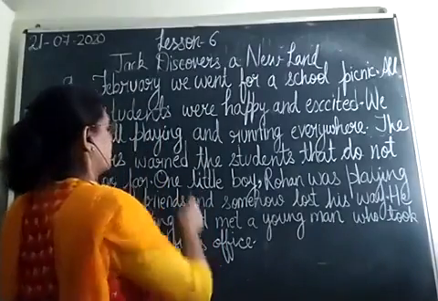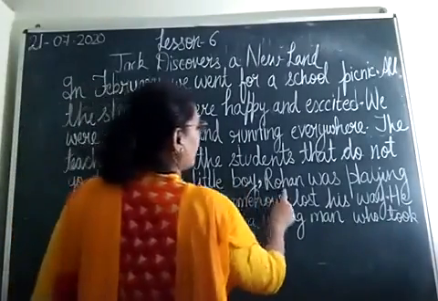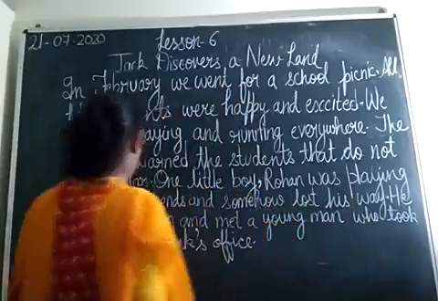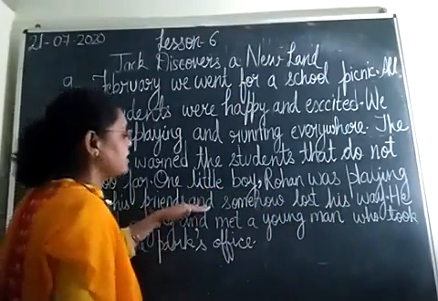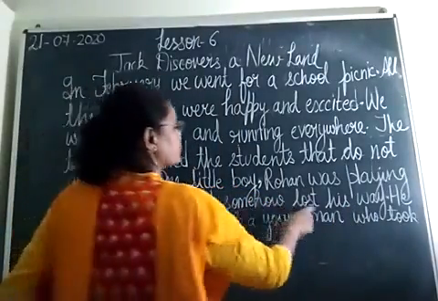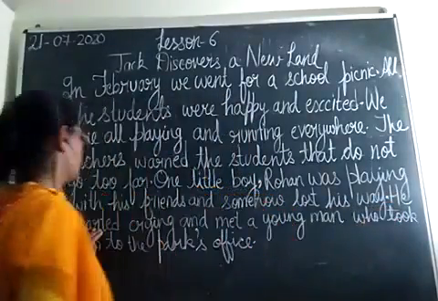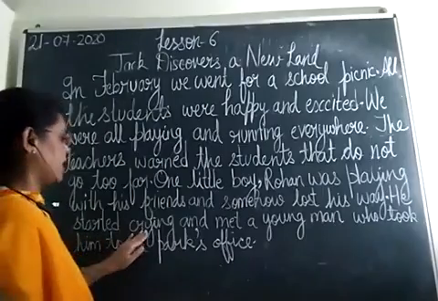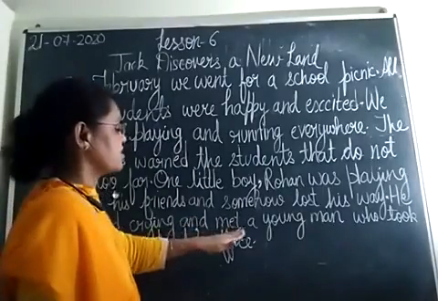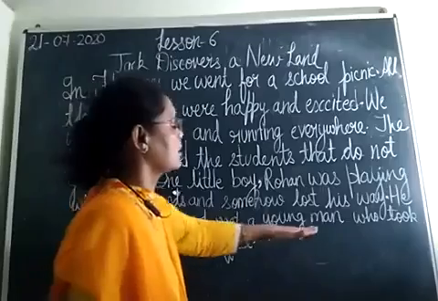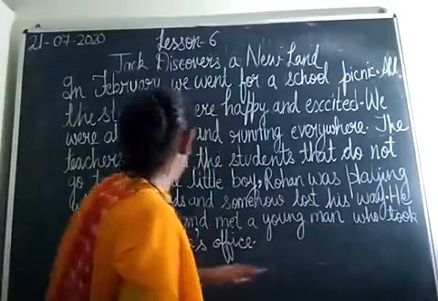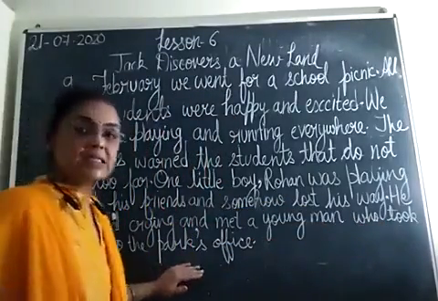go too far. One little boy, Rohan, was playing with his friends and somehow lost his way. Full stop. He started crying and met a young man who took him to the park's office.